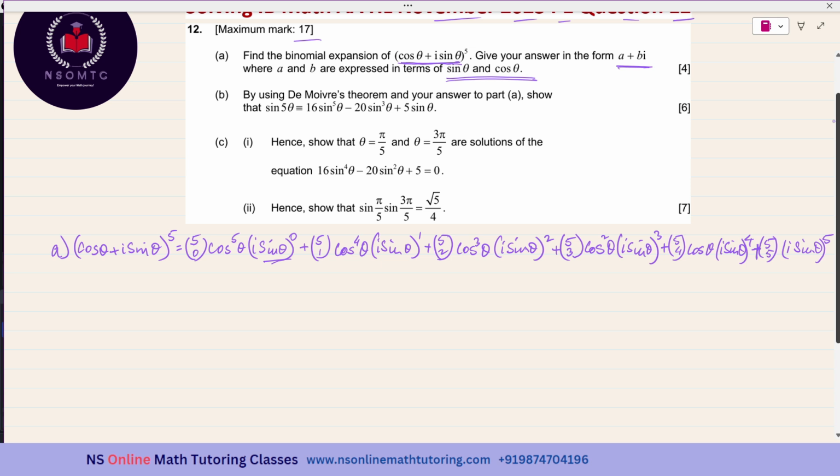5C0 is of course equal to 1 and i sin theta to the power of 0 is also equal to 1. So the first term is cos to the power of 5 theta. Second term, 5C1. nC1 is always equal to n, but in case you are confused, it is paper 1, so you will not be getting the help of the calculator.